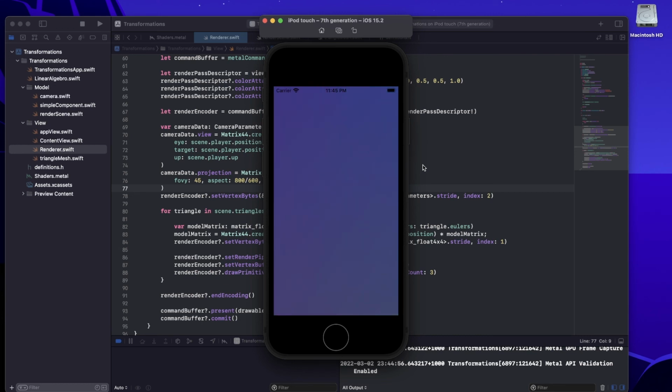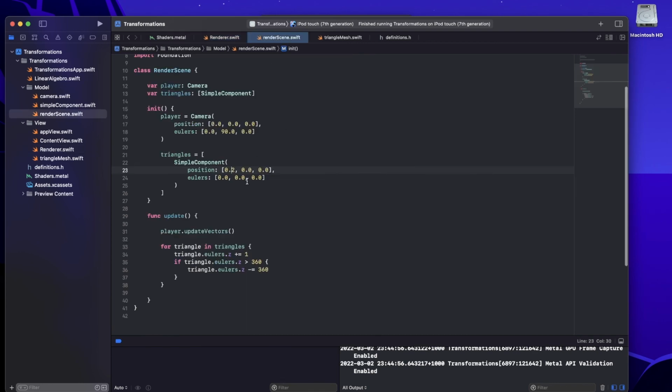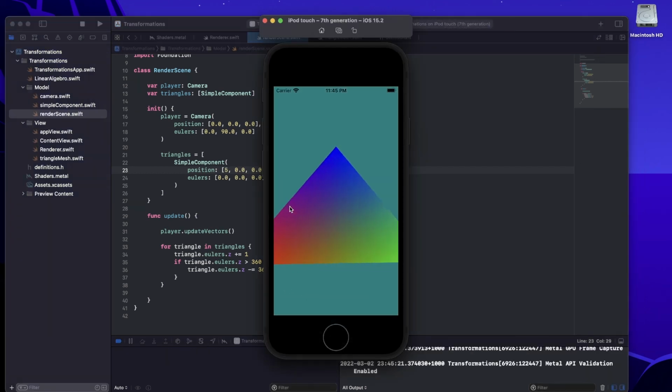So even though the triangle was really close to our eyes, it wasn't big, but now that's corrected for. And if we go to the scene and push this triangle back like 5 units, then it should be smaller. There we have it. That's nice. That's cool. We can also spin the camera around, do all sorts of cool things. But yeah, we'll leave that there for now.